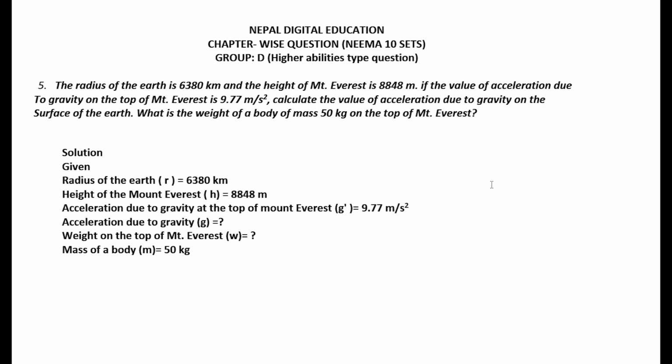Let us look at the next problem, problem number 5. The radius of the earth is 6380 kilometer. Radius is given 6380 kilometer. So first of all change this into meter. 6380 into 1000, so it becomes 6380000 meter, because we know that the SI unit of distance is meter.